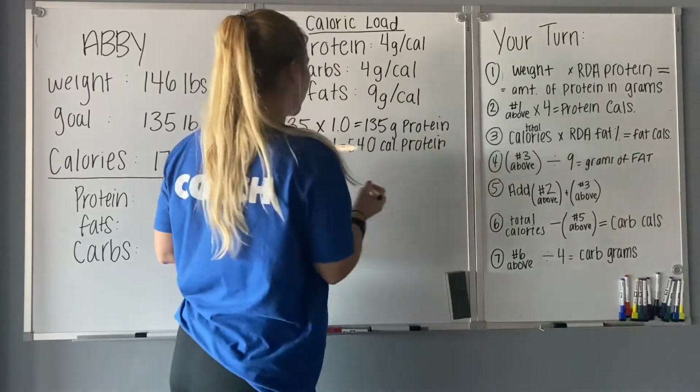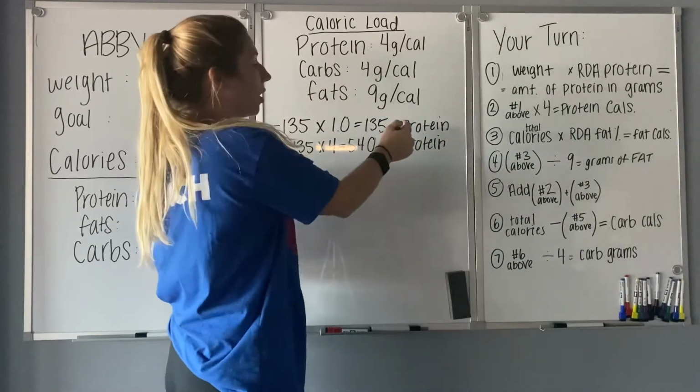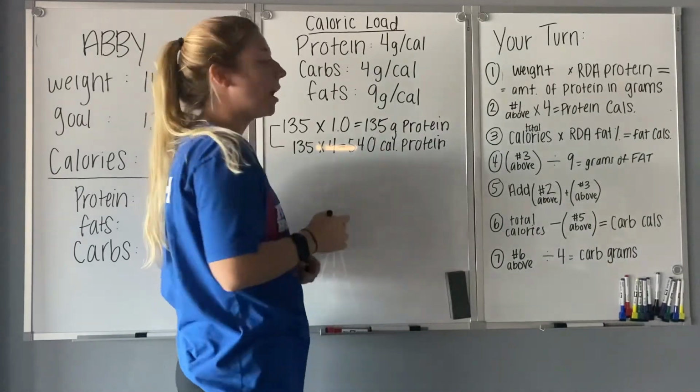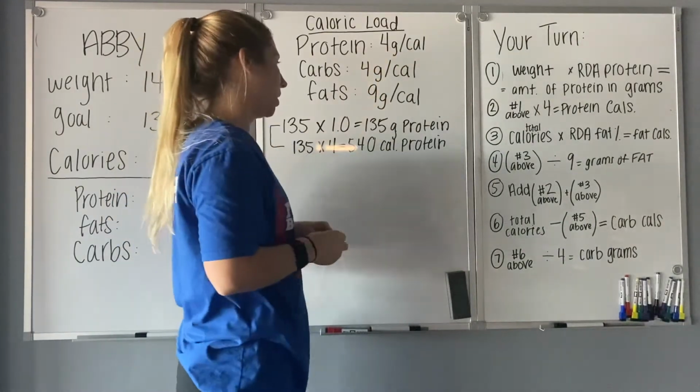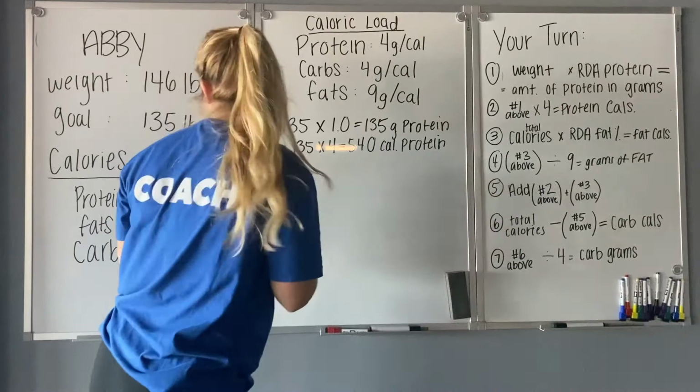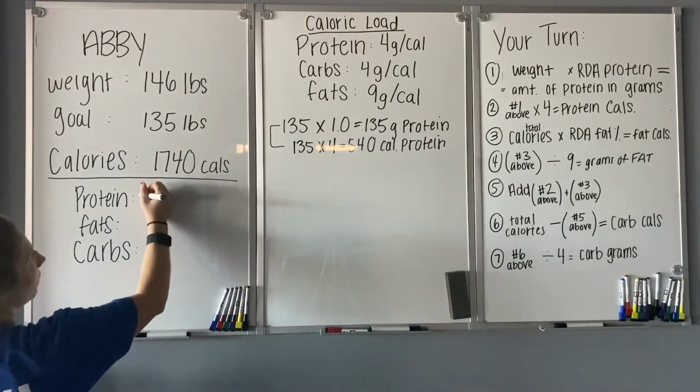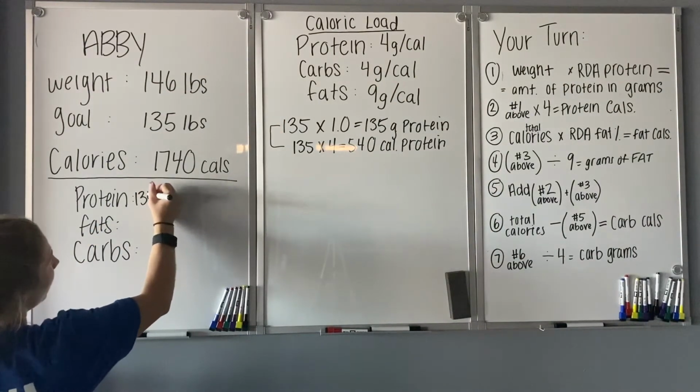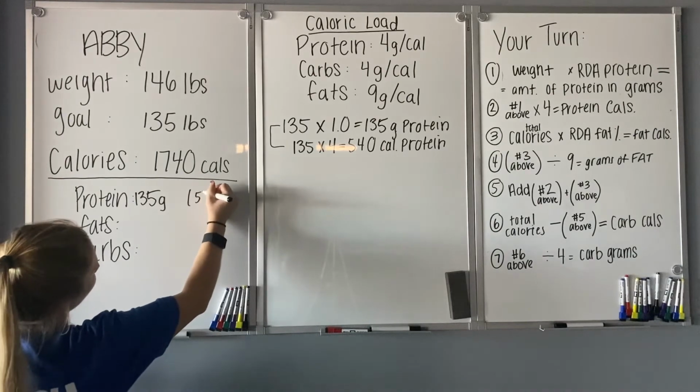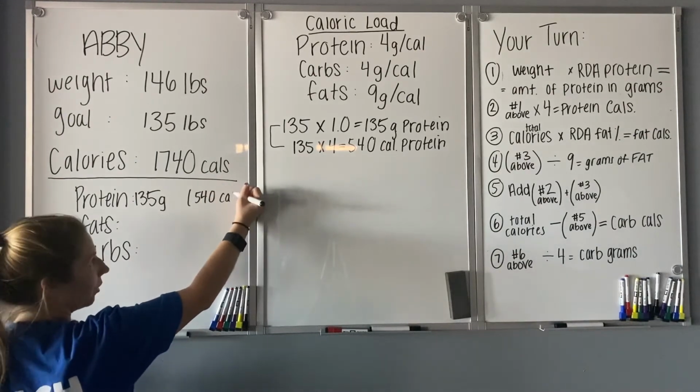So we are looking at 2 different numbers here. We've got grams and we've got calories. So we've got protein, I'm going to put that over here. So I've got 135 grams, and in here I'll put 540 calories.